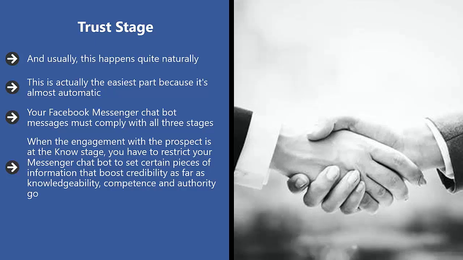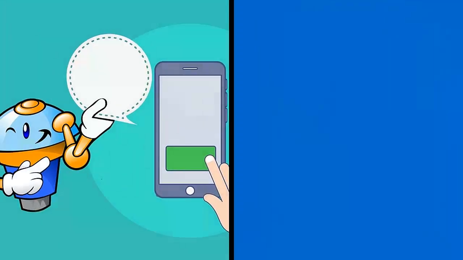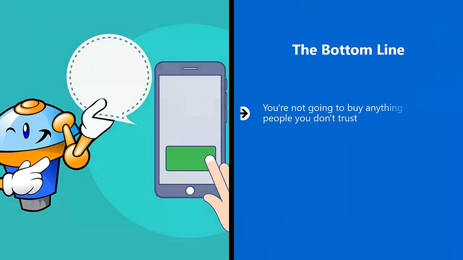In other words, you position your brand according to its strengths, and then you line that up with the weakest points of the competition. You kind of stack the comparison by showing them in the worst light and showing your strongest suit. And then finally, you get to the trust stage, and this is usually filled in or assumed by the prospect. The bottom line, you're not going to buy anything from people you don't trust.